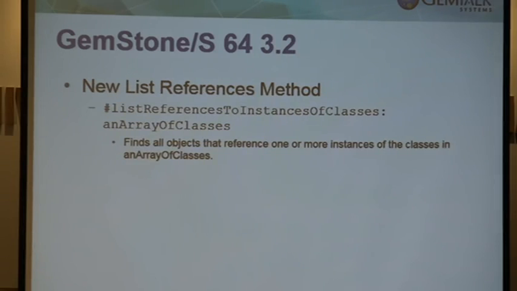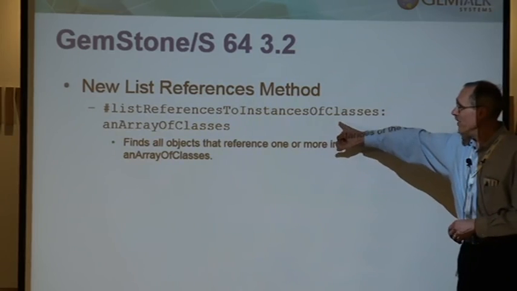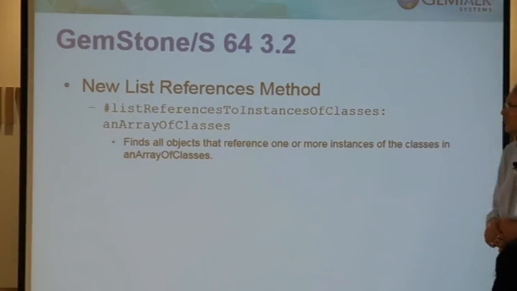One of the things in a large database is finding objects that have certain characteristics. I have lots of objects. I know that there's lots more of these than I think there should be. Who's referencing them? Why is this not getting garbage collected? And so we have methods to list references to instances of classes.